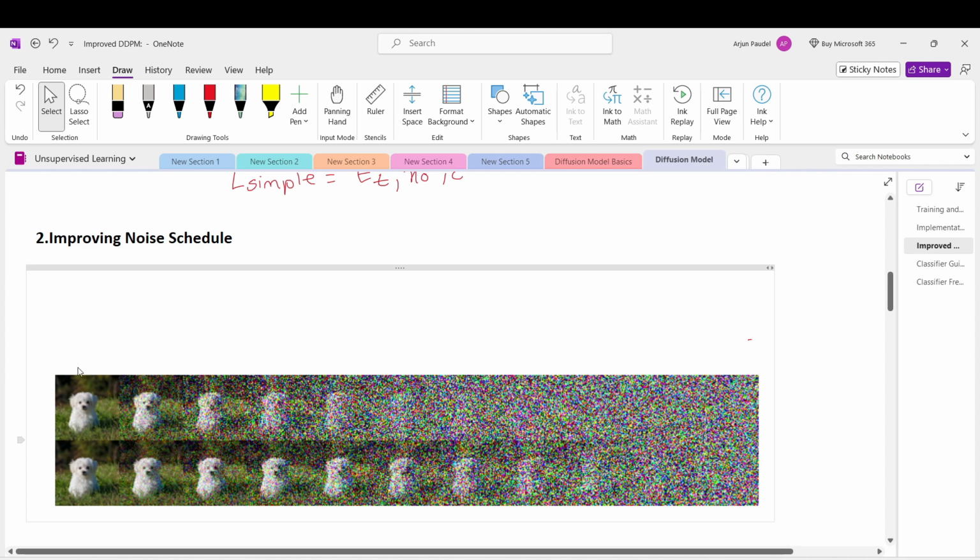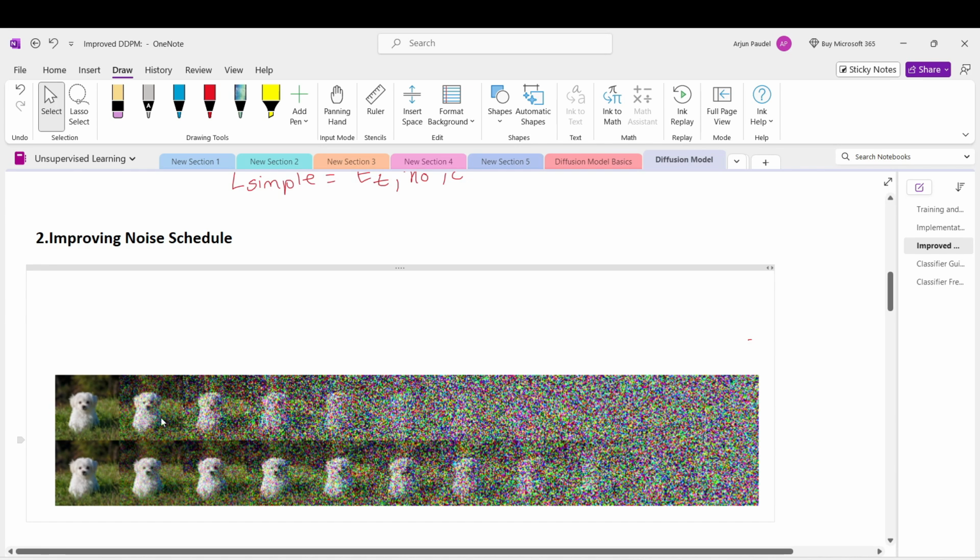And if we start with this image and try to destroy it, we have to destroy it as slowly as possible. Why? Because when we are trying to reverse this, if we just add noise from here and go straight to here, it is very hard for the model to learn or mimic this transition.